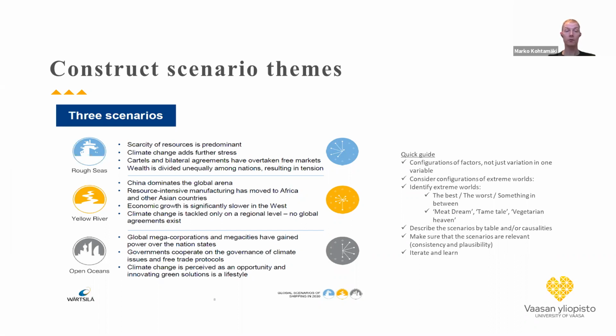So open oceans, yellow river, and rough seas are three possible future states and scenarios developed in Wärtsilä.